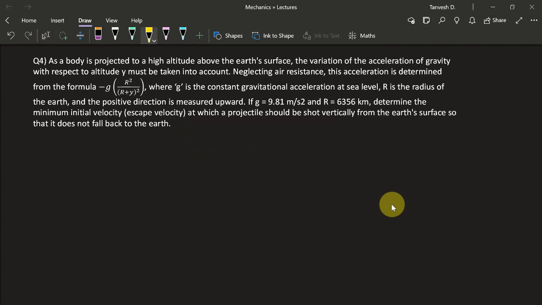Okay, let us solve the next numerical. What is given is, a body is projected to a high altitude above the Earth's surface, the variation of the acceleration of gravity with respect to altitude y must be taken into account. Neglecting air resistance, this acceleration is determined from the formula minus g into r square upon (r plus y) the whole square, where g is the constant gravitational acceleration at sea level, r is the radius of the Earth, and the positive direction is measured upwards.